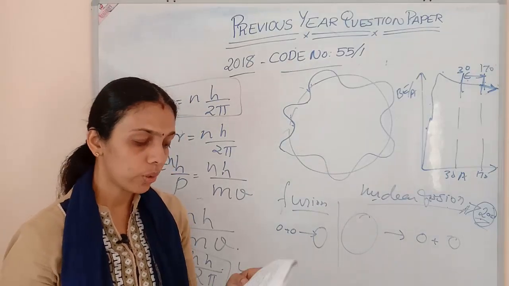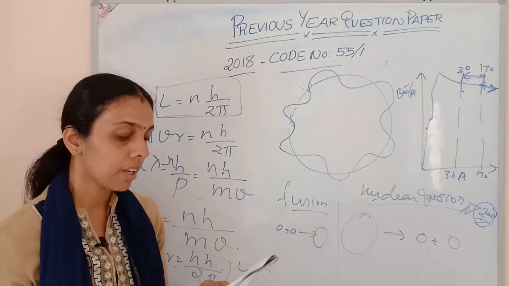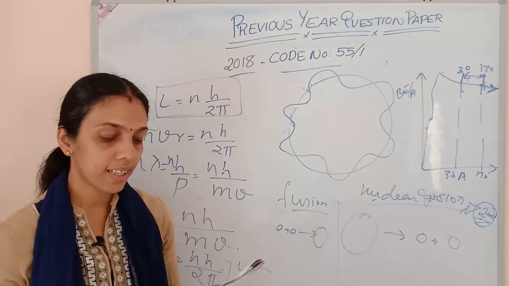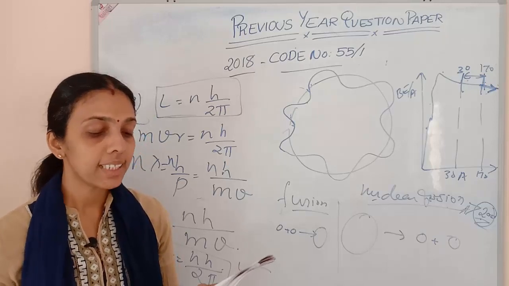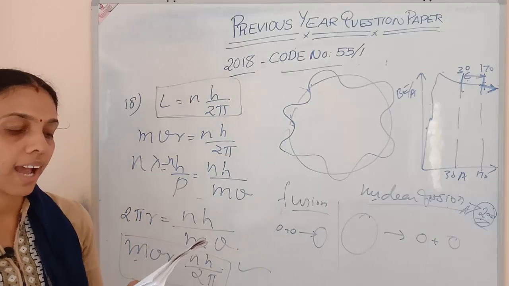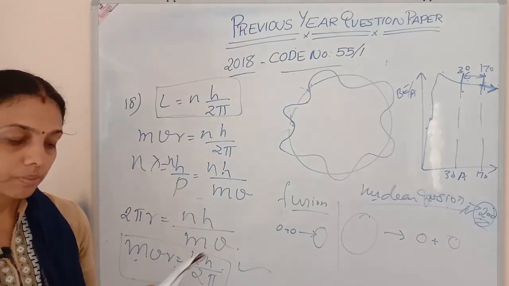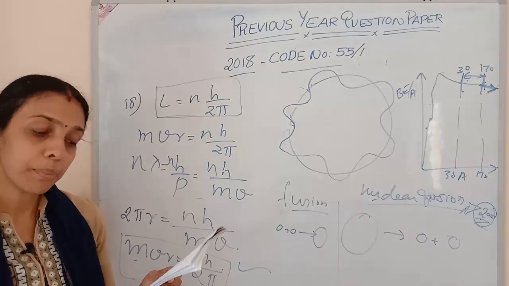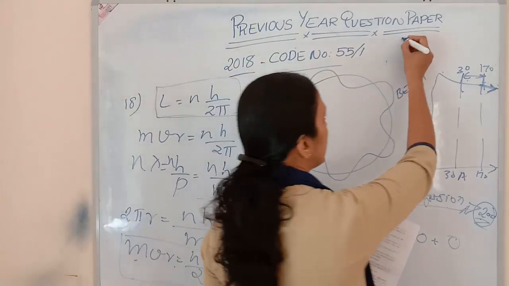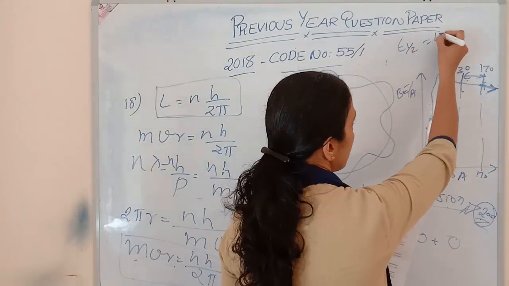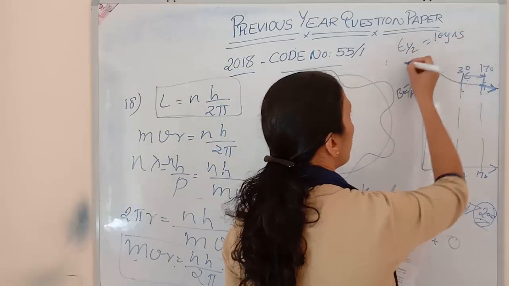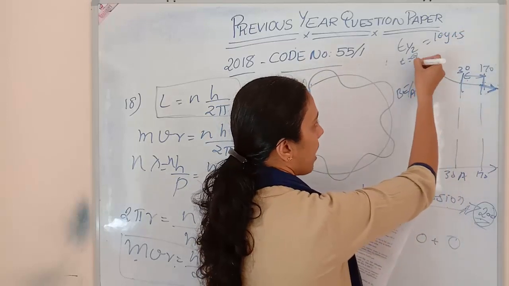Next is a radioactivity question. A radioactive isotope has a half-life of 10 years. How long will it take for the activity to reduce to 3.125%? The half-life T-half is given as 10 years, and we need to find the time.